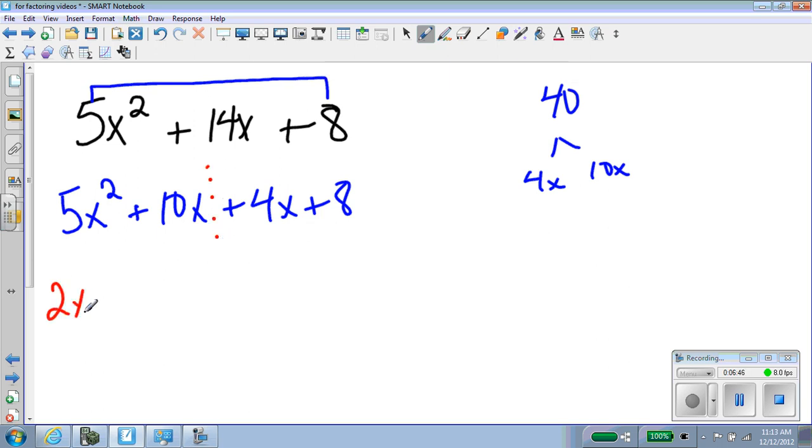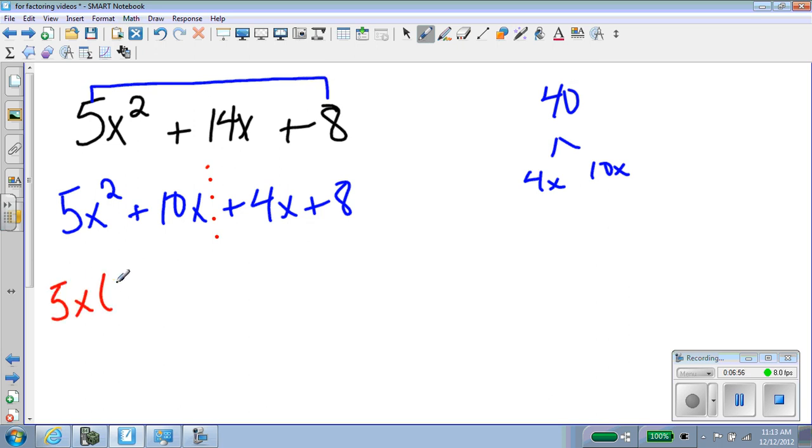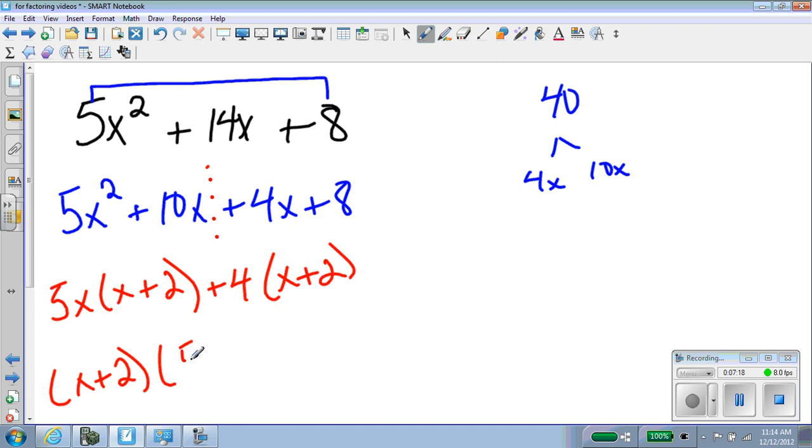They have 5x in common, leaving x plus 2. They have positive 4 in common, leaving x plus 2. Now we have x plus 2 in common, leaving 5x plus 4.